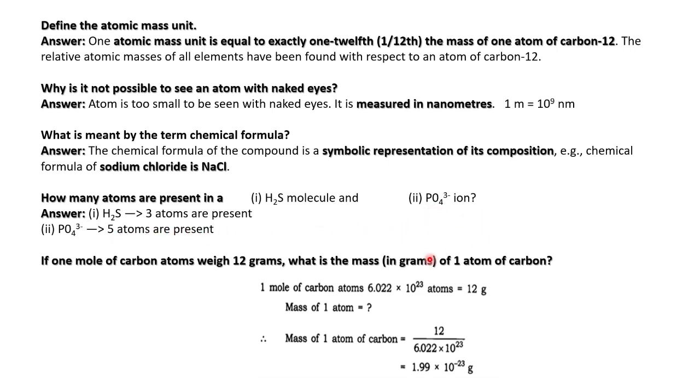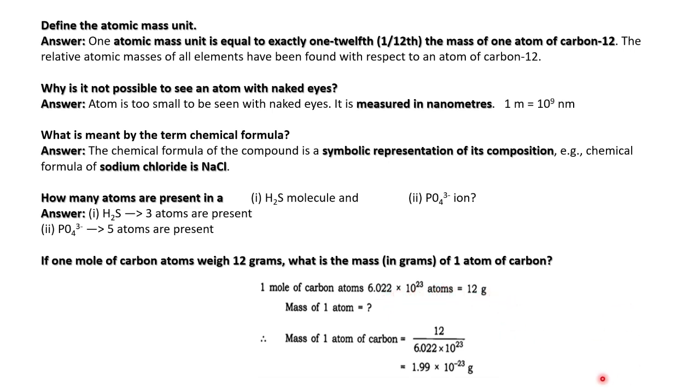Then, if 1 mole of carbon atoms weighs 12 grams, what is the mass in grams of 1 atom of carbon? 1 mole of carbon, which is 6.022 into 10 power 23 atoms, is equal to 12 grams.